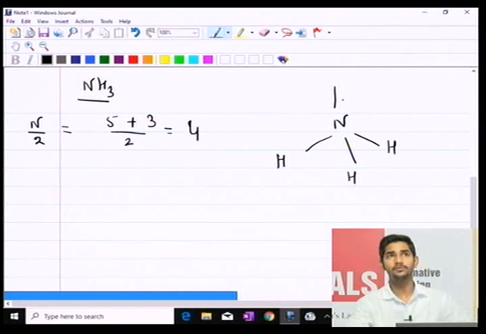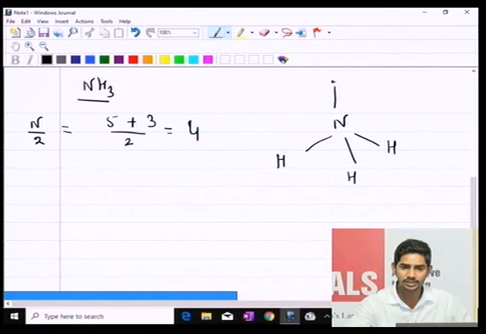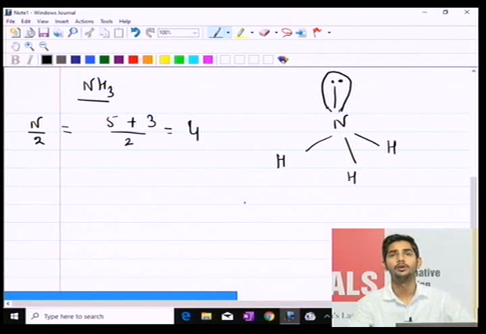There is one bond where I cannot put any atom, because I have to place only 3 atoms that I have already placed. That's why this will become by default a lone pair. Are you getting this? This by default becomes the lone pair.